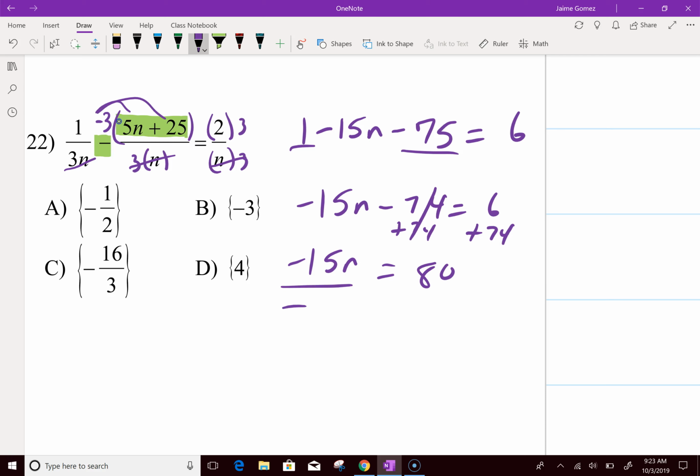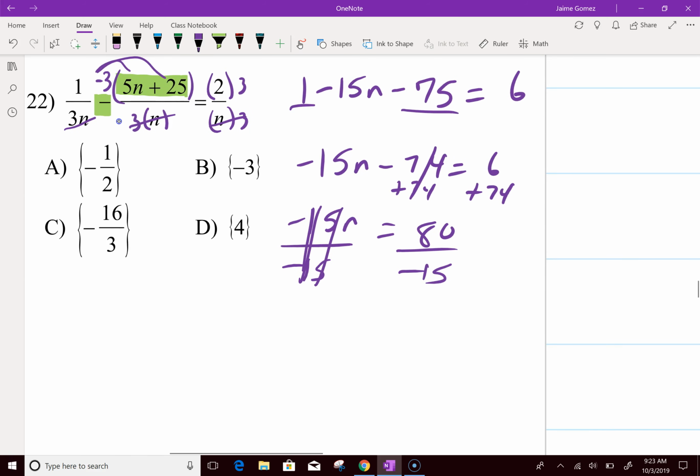I'm going to divide this by negative 15. That cancels. And can we reduce the 80 and the 15? Yes, we can divide them both by 5. This would be 16 and this would be a negative 3. So 16 and 3.